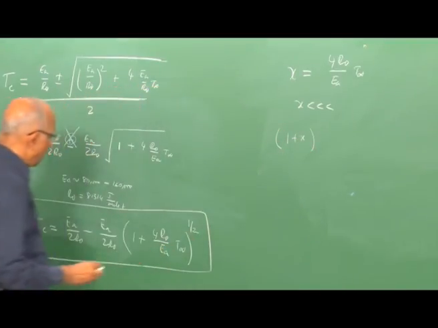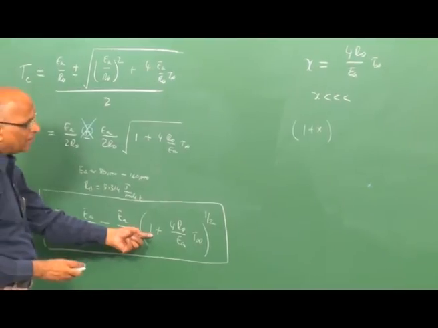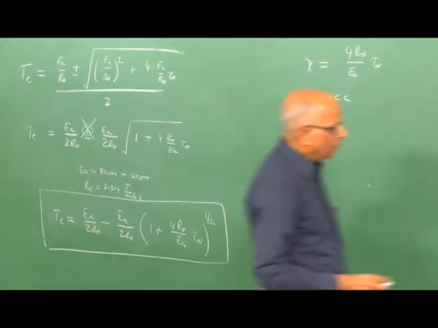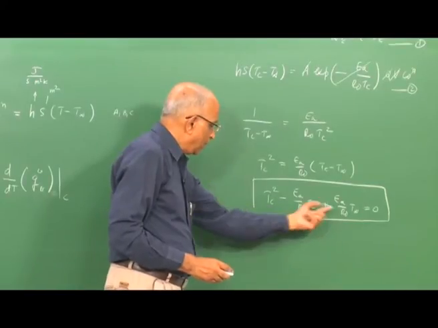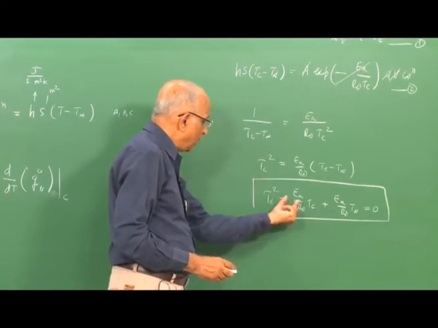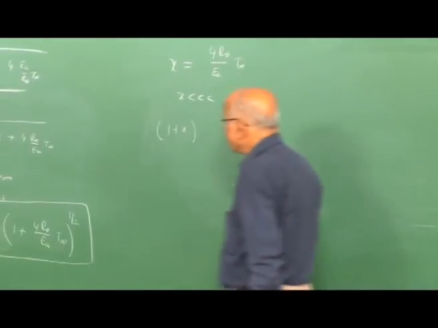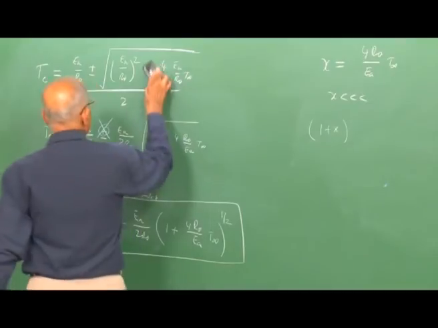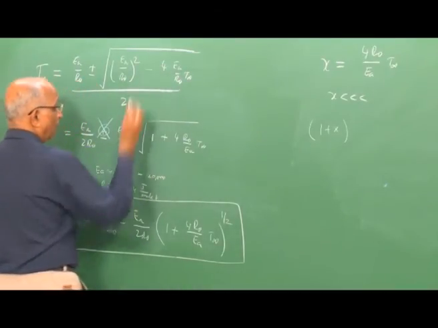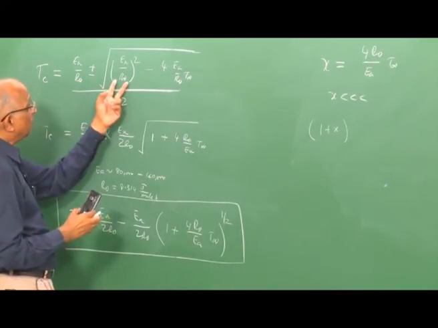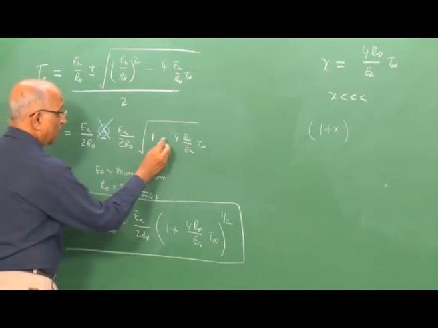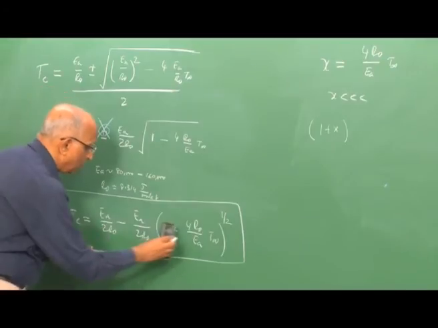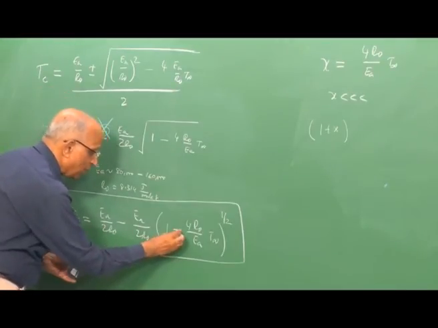Well, I think we have to be careful about this particular sign. Have I done it correctly? We had Tc squared plus Ea by R naught, the middle number squared minus 4 into the first into the last number, and therefore this expression should have had a minus sign over here.